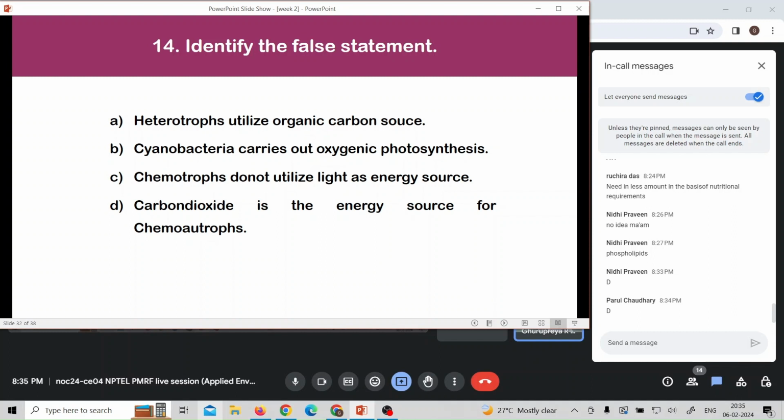Okay, let's see the answer for this question. Right. Carbon dioxide is not the energy source for chemoautotrophs. So the discussion for this, I'm going to tell you as such, it'll be a bit confusing for you.